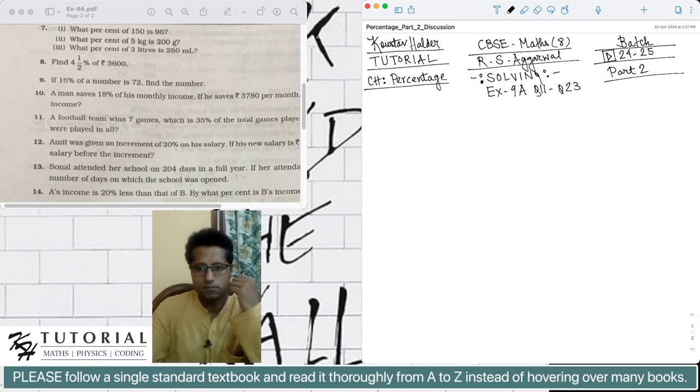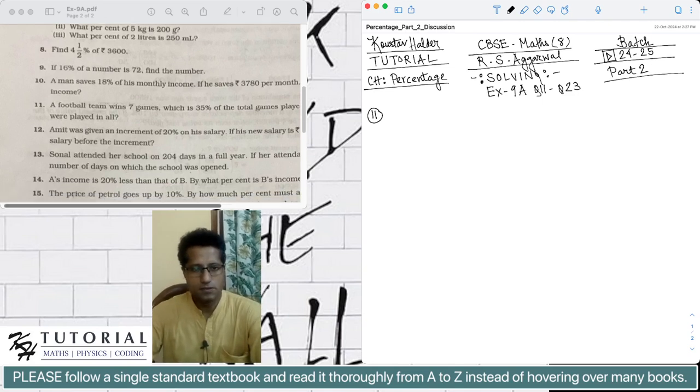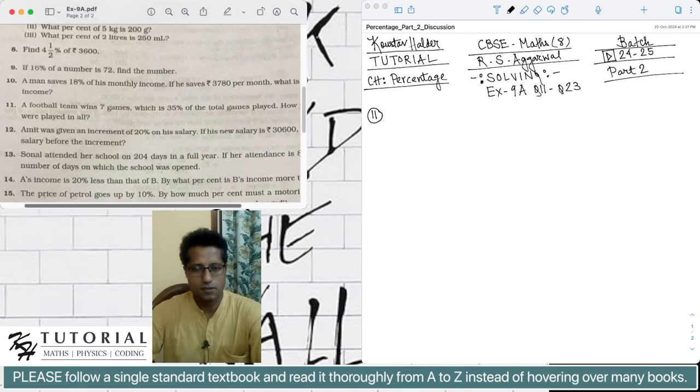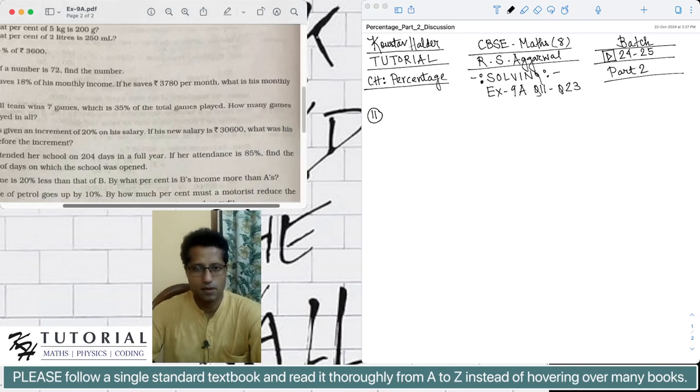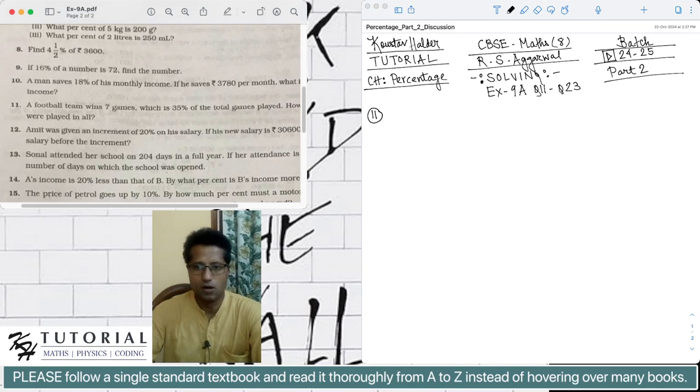Problem number 11. It says that a football team wins 7 games, which is 35% of the total games played. How many games were played in all?